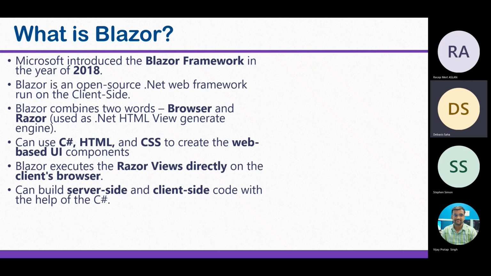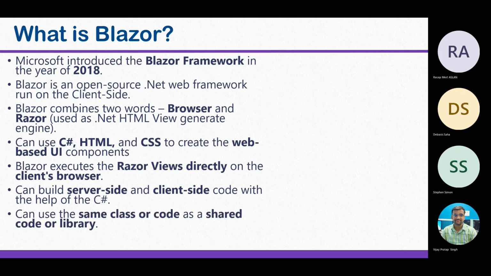Also, as I have said, in a Blazor framework we have both server side and client side code with the help of C#. We can use the same app framework for developing both sides, and also use the same class or code as shared code or a library that can be used in other projects.